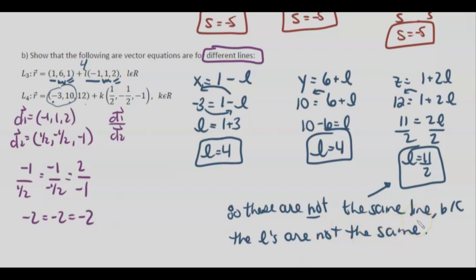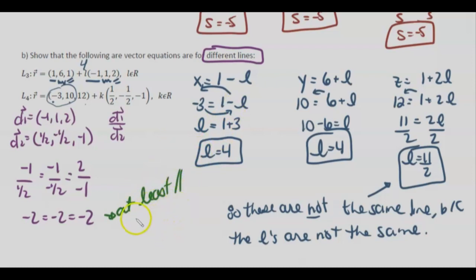So despite the direction vectors being scalar multiples of one another, you also have to test the L. Just take note, these two lines, because they have scalar multiples of the direction vector, are going to be at least parallel. But that's exactly what they are.